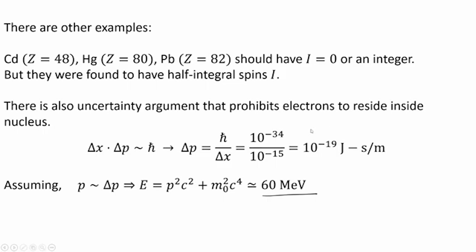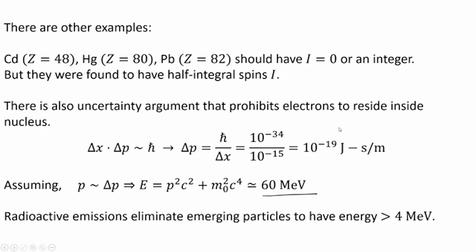And the radioactive emissions, the particles coming out of the nucleus, are not found to have any energy greater than 4 MeV. So it eliminates the possibility that these particles coming out can have energies greater than 4 MeV.